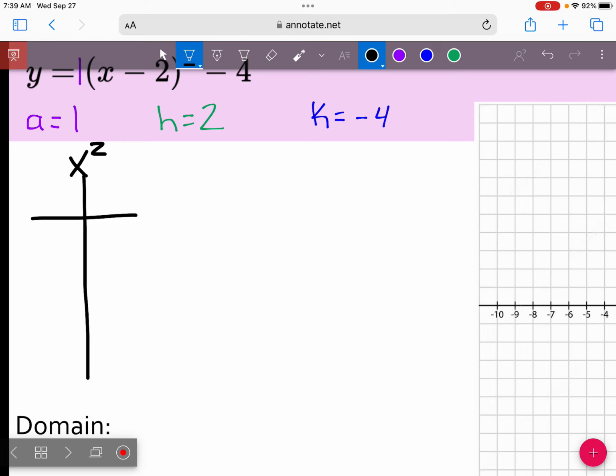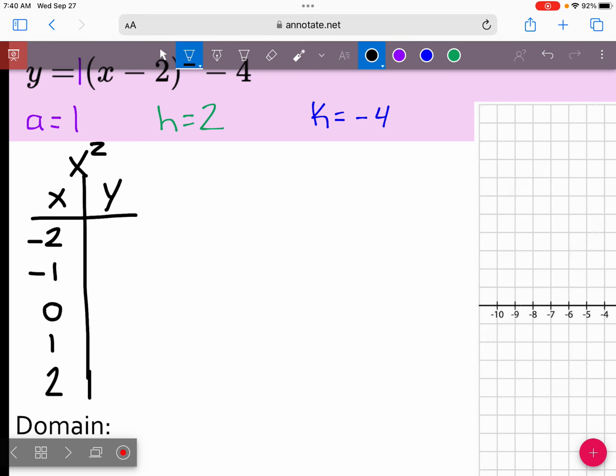That's the parent function. We pick some x's to find some y's. And we're just going to think about x squared first. We want a good view of the middle of our graph. So we're going to take that same chunk from the middle that we did in absolute values when we went from -2 to -1 to 0, 1, and 2.